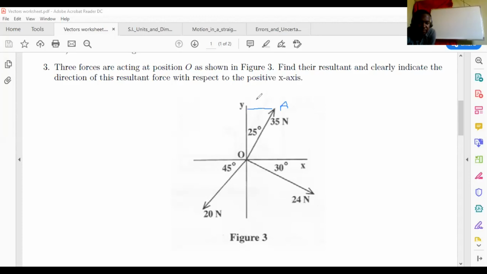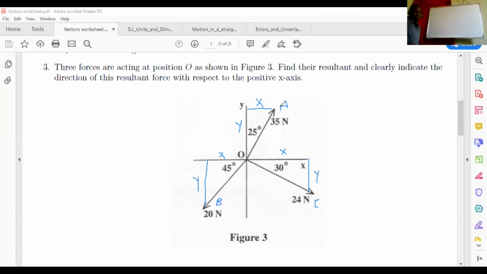So this is your X, this is your Y. And we complete this one here. We're going to call it B. So this is your Y, this is your X. We complete this one here. That's C, where this is your Y, and this is your X.